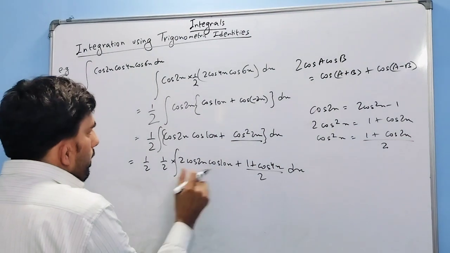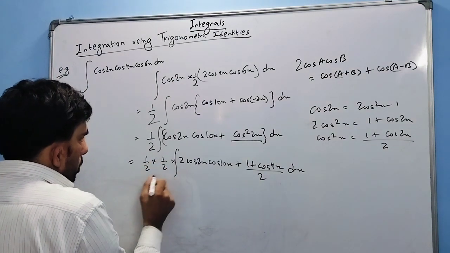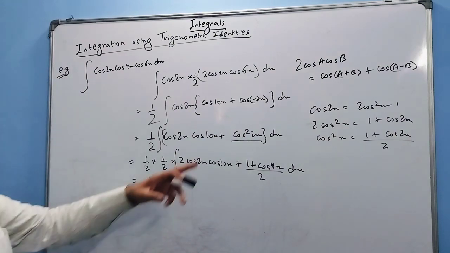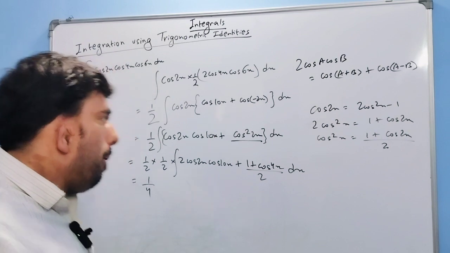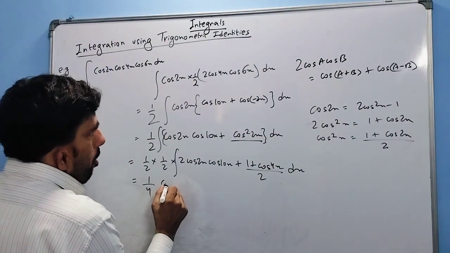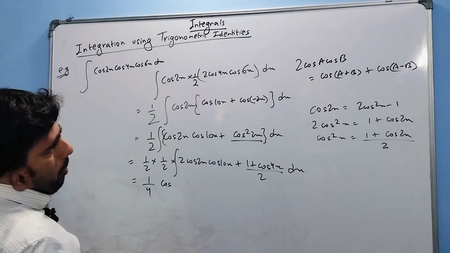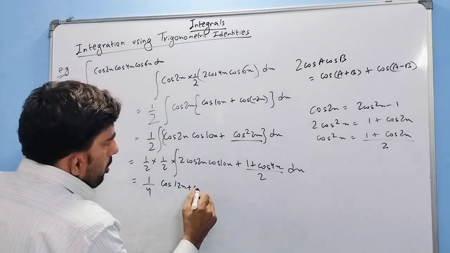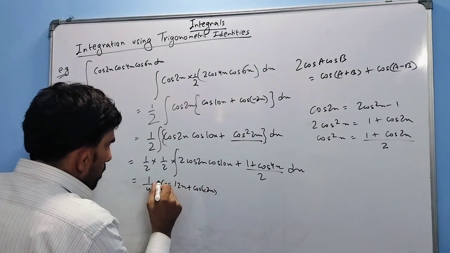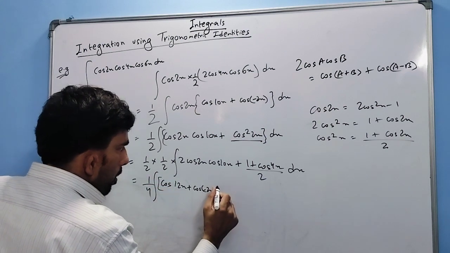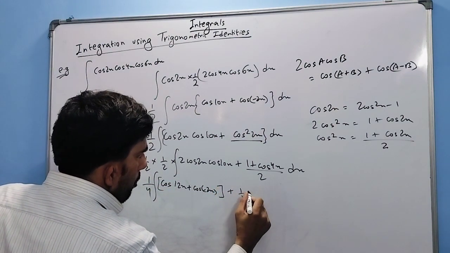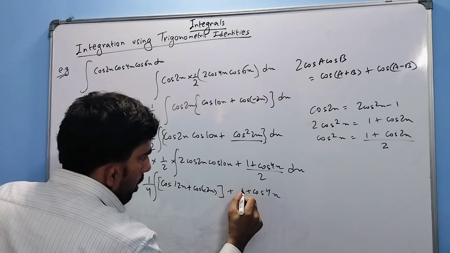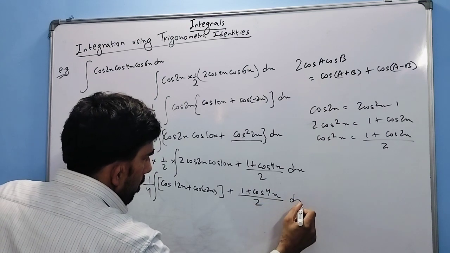Now here we will apply the identity. Okay, so it will be 1 upon 4. Now what is 2 cos A cos B? Same here, cos A plus B plus cos A minus B. So what will happen? Cos A plus B, that is cos 12x plus cos minus 2x, plus 1 plus cos 4x upon 2 dx.